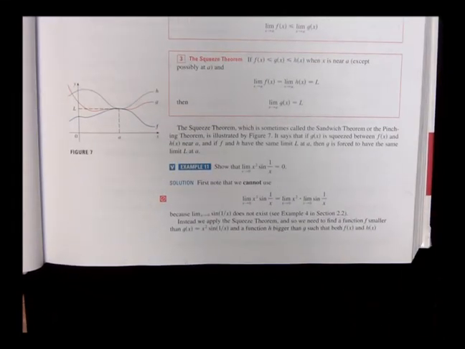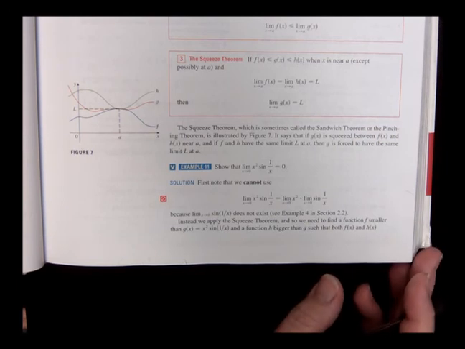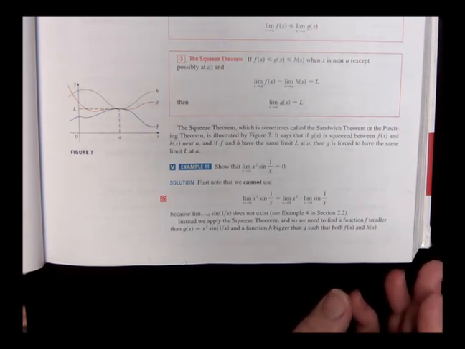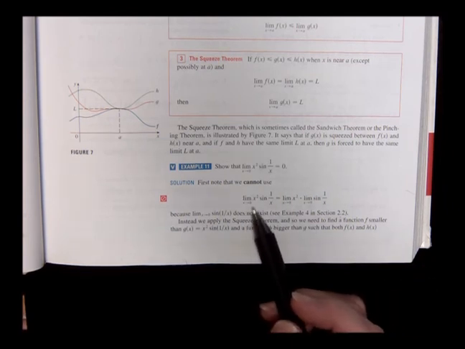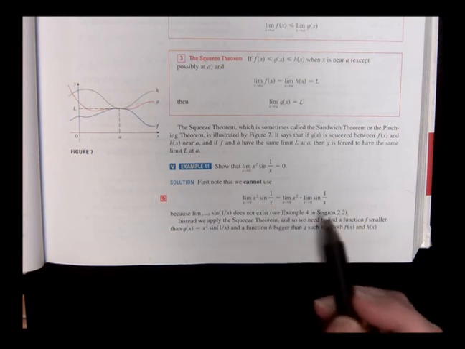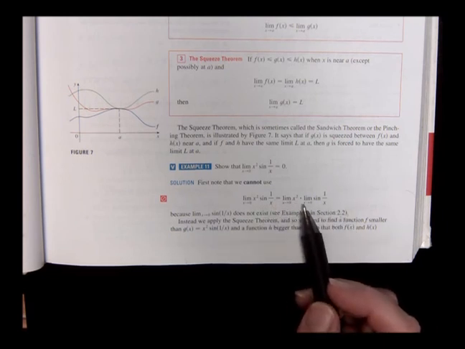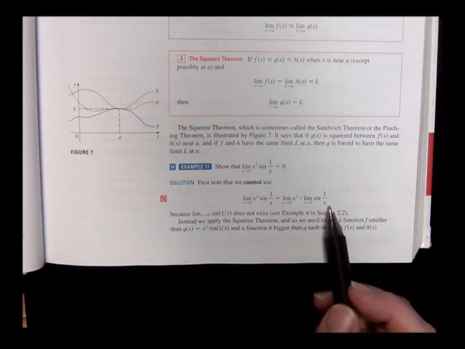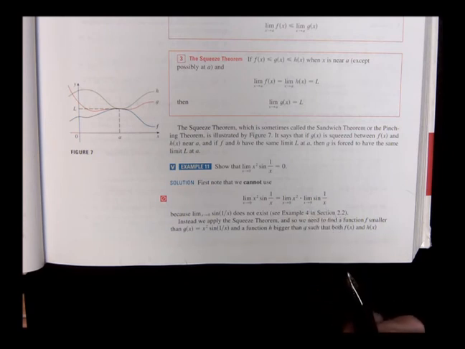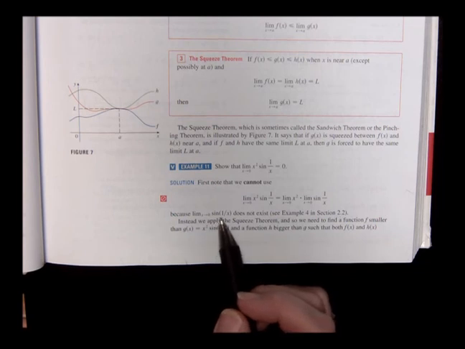Example 11, we're going to show that as x approaches 0, x squared sine 1 over x equals 0. First, we know that we cannot write the limit of x squared sine 1 over x as the limit of x squared times the limit as x approaches 0 of sine 1 over x, because the limit of sine 1 over x does not exist.